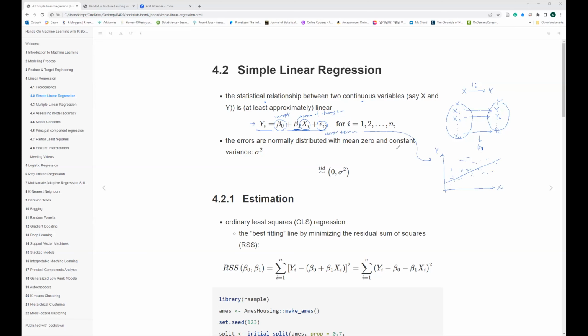And that's the reason why we call it regression: all of these actual observation values are returning back to the predicted value along this line.